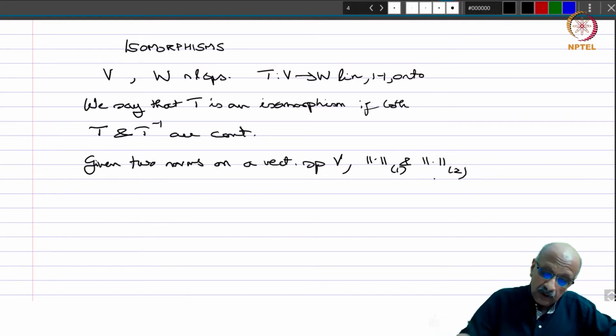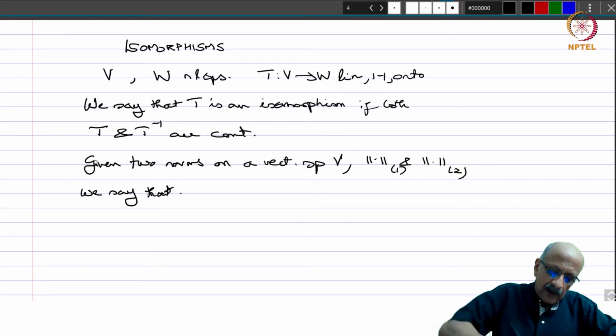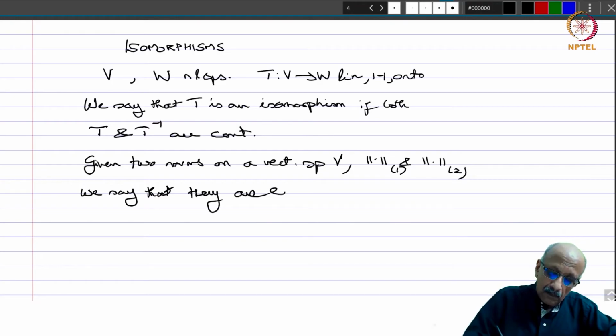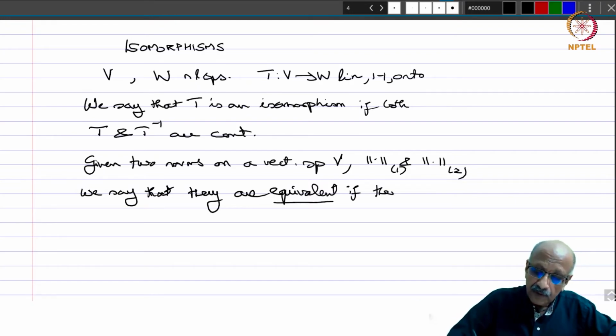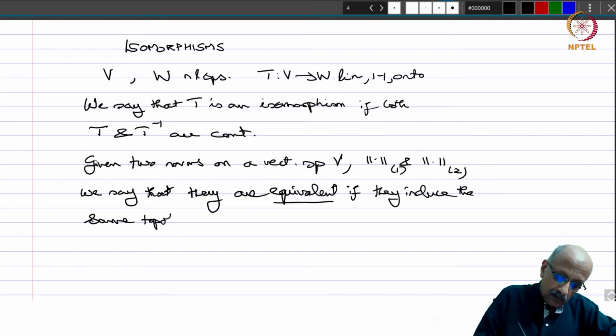So norm 1 and norm 2, we say that they are equivalent if they induce the same topology on V.